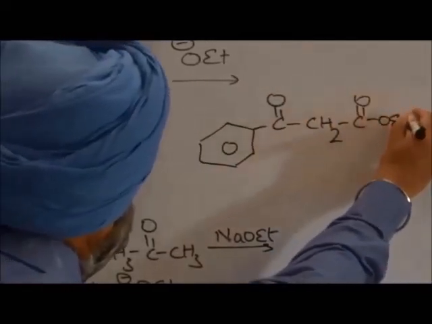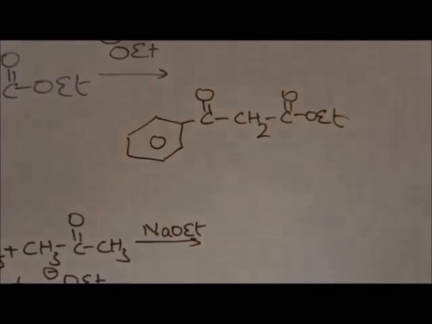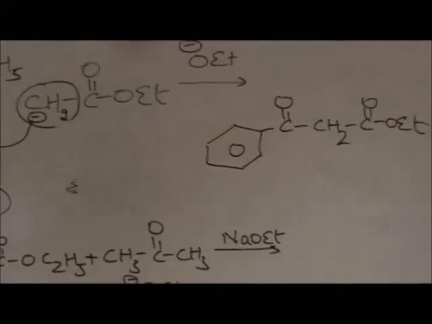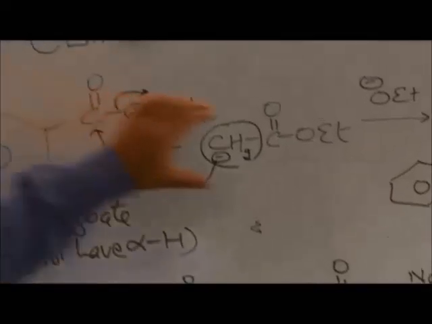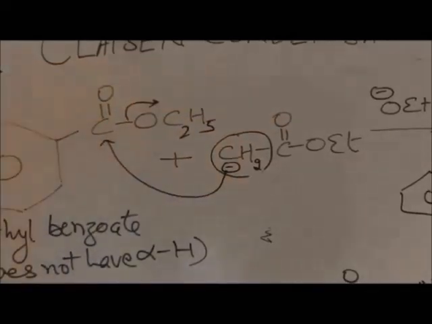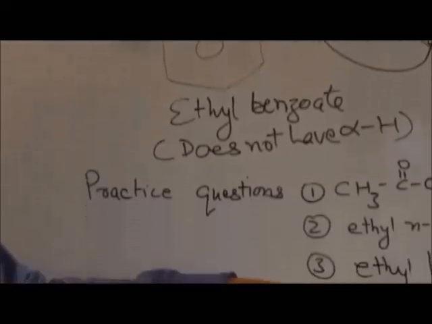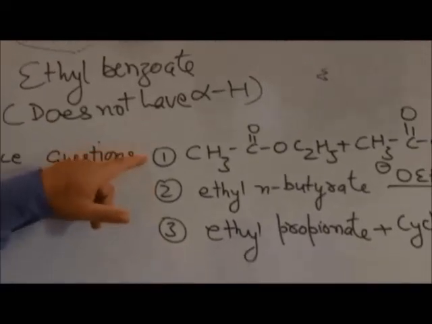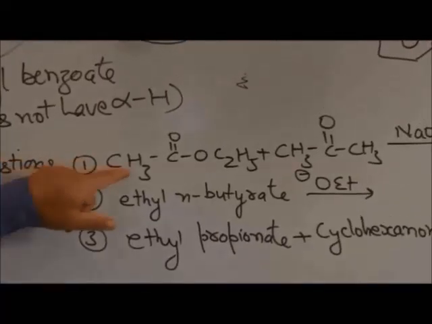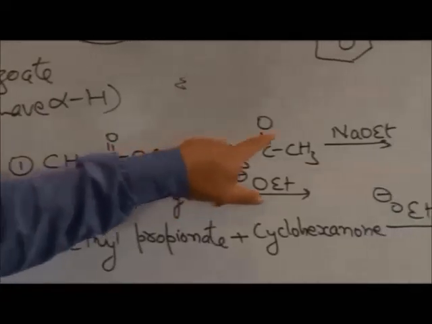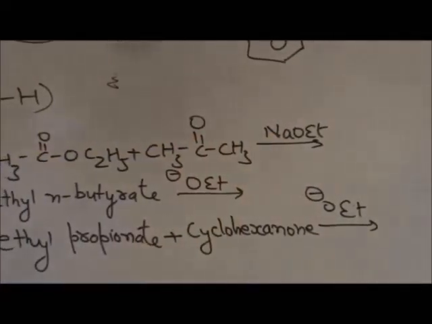So this is an example of a crossed Claisen condensation reaction in which the two reactants were different. Now students, try solving these three questions based on our discussion. Note down these three. Ethyl acetate plus acetone in the presence of sodium ethoxide.